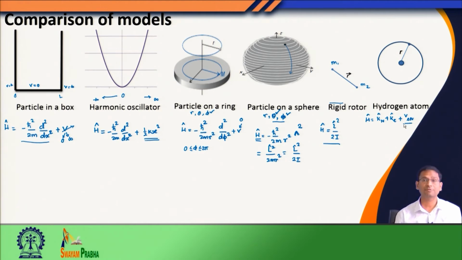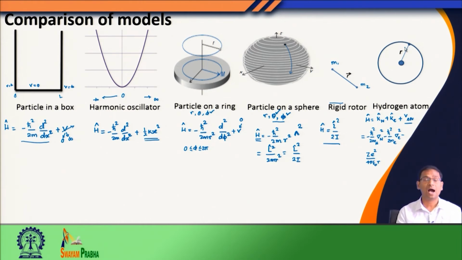This attractive energy we expressed in terms of Coulomb potential. So, here: minus h bar square by 2 m nucleus, the Laplacian of the nucleus, minus h bar square by 2 m electron, the Laplacian of the electron, minus Z e square over 4 pi epsilon 0 r, where r is the distance between the electron and nucleus.